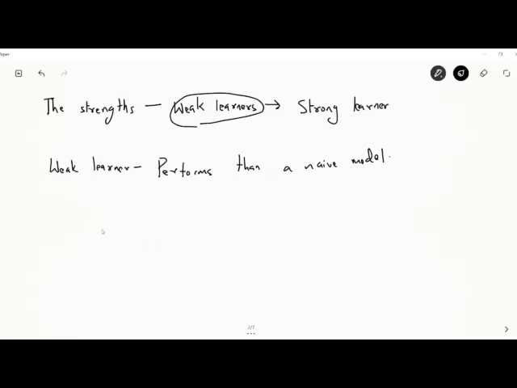So a decision stump would be an example of a weak learner. More examples are as follows: k-nearest neighbor with k equals 1, operating on one or a subset of inputs.